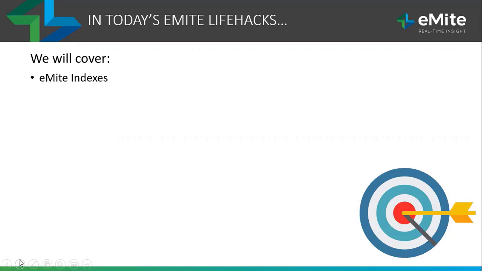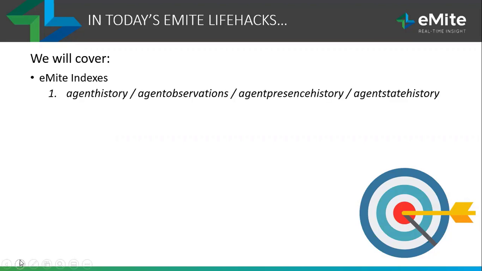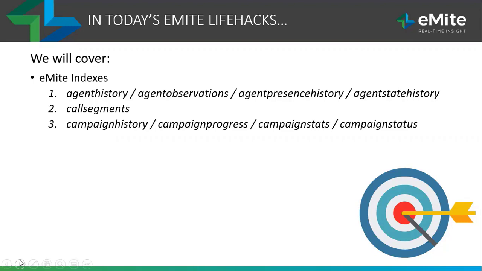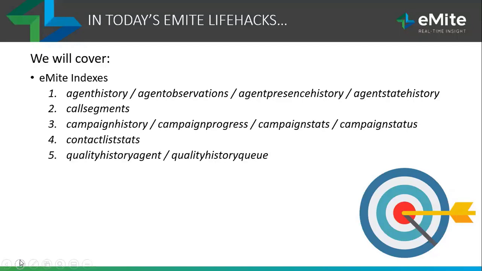So we'll get to know the different emite indexes. The agent-related indexes: agent history, agent observations, agent presence history, agent state history. We'll also talk about a very interesting index, call segments, and campaign-related indexes for those who have the outbound dialer set up in their PureCloud, as well as contact list stats, quality history and quality history agent or queue for those who have quality evaluations utilized in PureCloud as well.